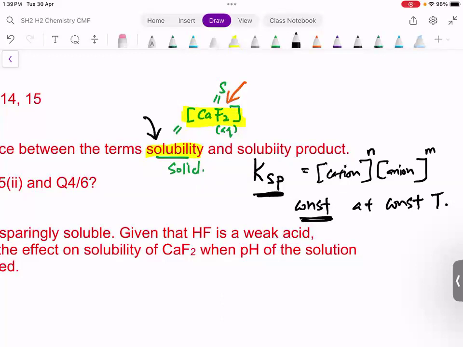Is solubility only affected by temperature? Definitely it's affected by temperature. What else could have affected solubility? Le Chatelier's principle, whereby if we have changes in concentration of the ions, it can also cause the position of equilibrium to change. And that will definitely affect your solubility. So solubility is the position of equilibrium, while Ksp is an equilibrium constant. So they are slightly different. They are somewhat related, but they are different.